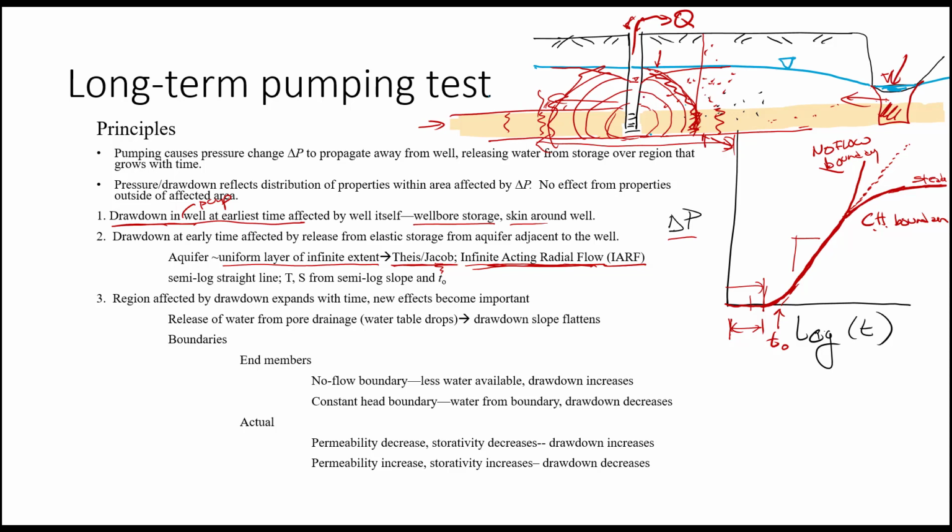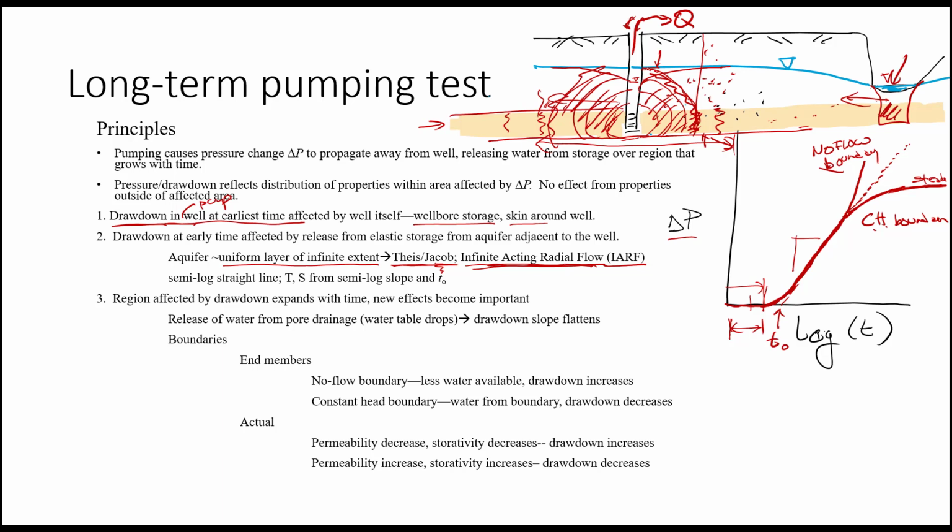So at early time, up to this point where the pressure has been affecting just this region, we just have release of water from elastic storage because we haven't really reached the water table yet.